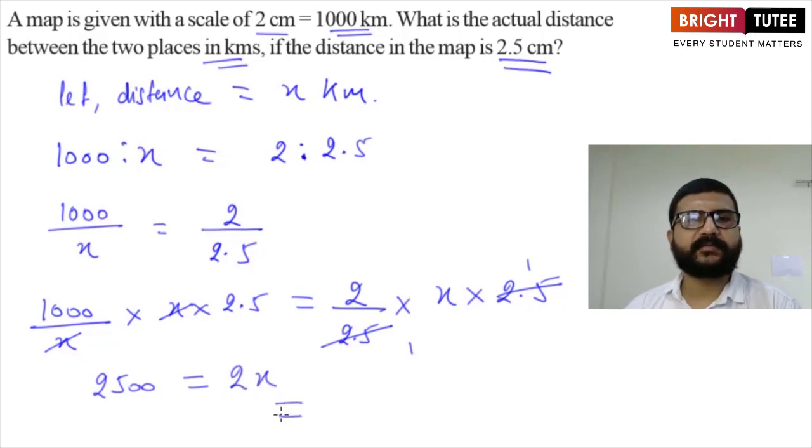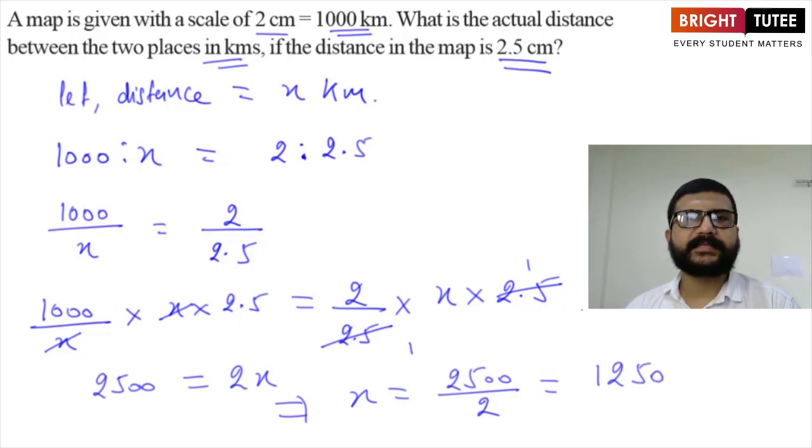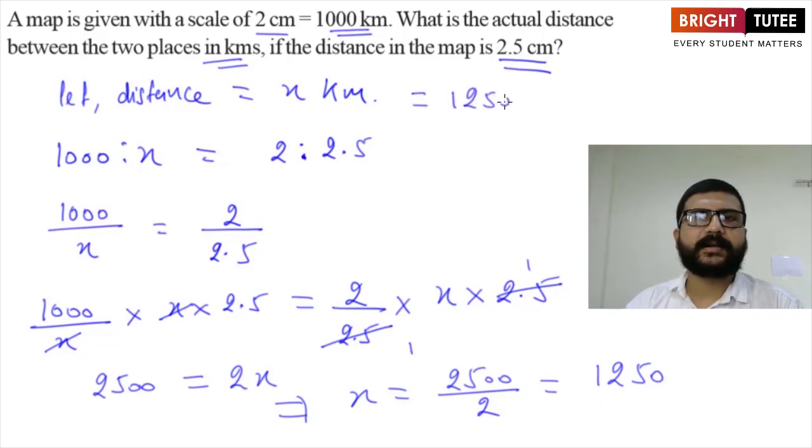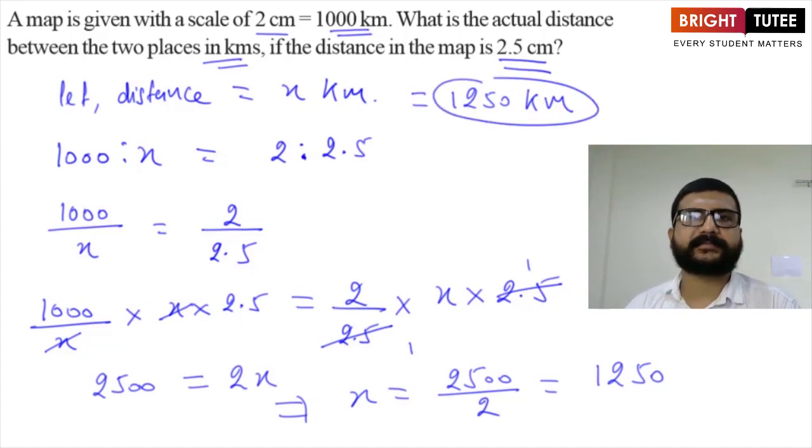Now from this equation we can get x is equal to 2500 upon 2, which is equal to 1250. So it means the actual distance is 1250 kilometers. This is the value of x. So this is how we can keep things in proportion and get the required solution.